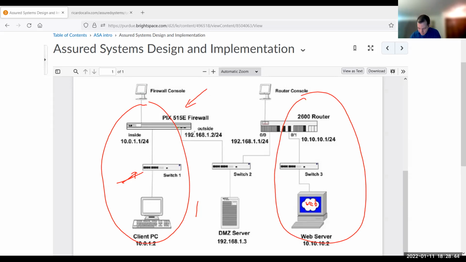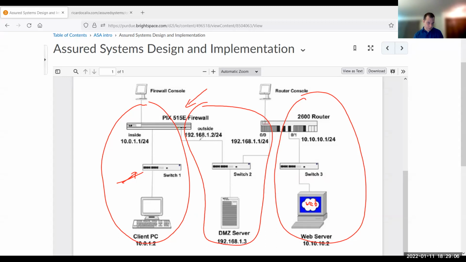And then this area here in between the two devices is a traditional, manual or static DMZ. What that means is that this is somewhat between the firewall and the router.